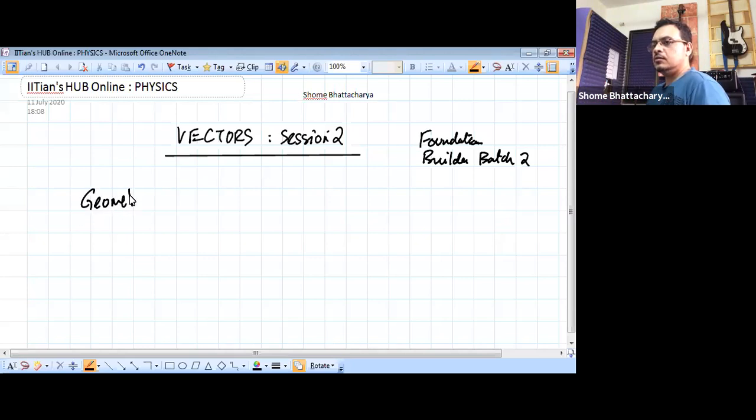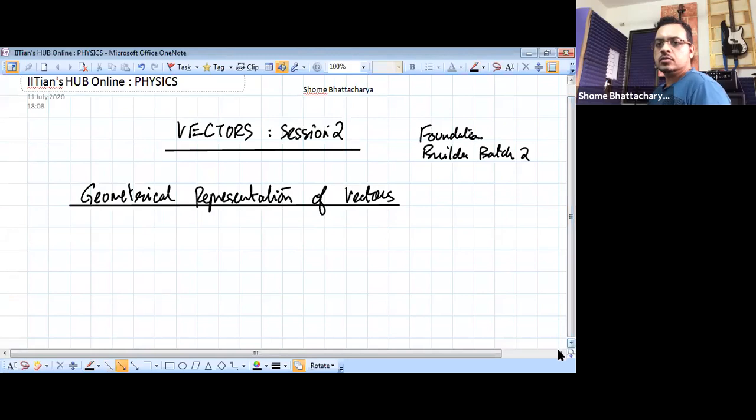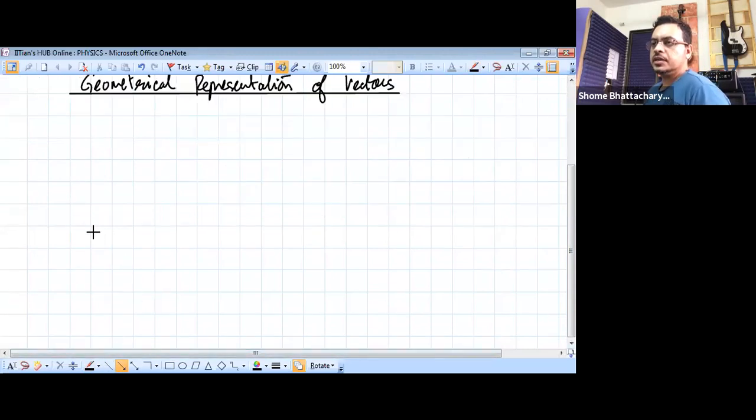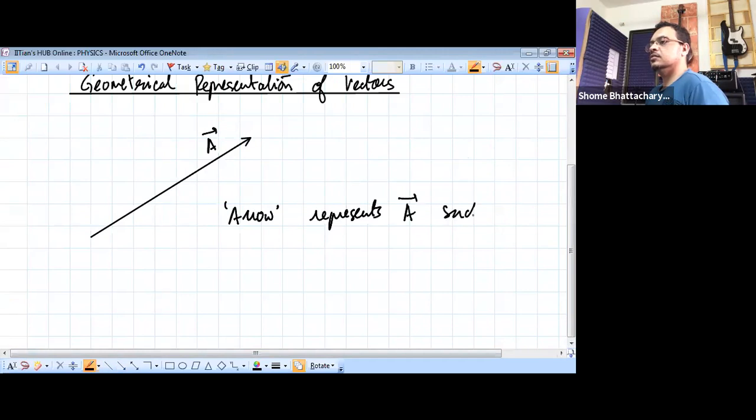So in the geometrical representation of vectors, we saw that a vector is represented geometrically by drawing what we call a vector arrow, such that the length of the arrow is proportionate to the magnitude of the vector.